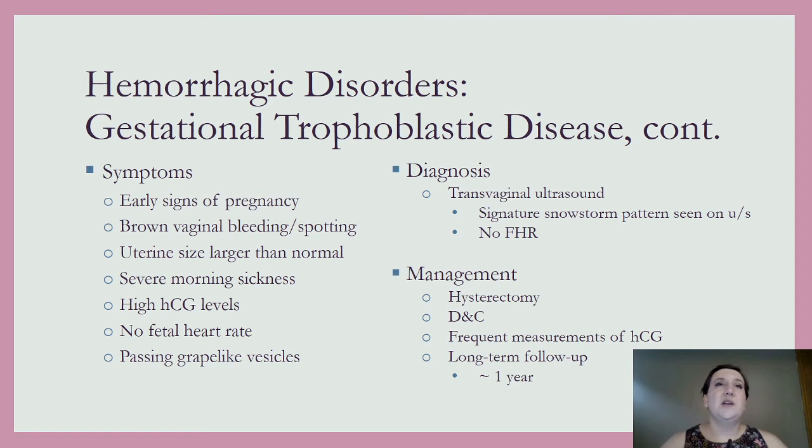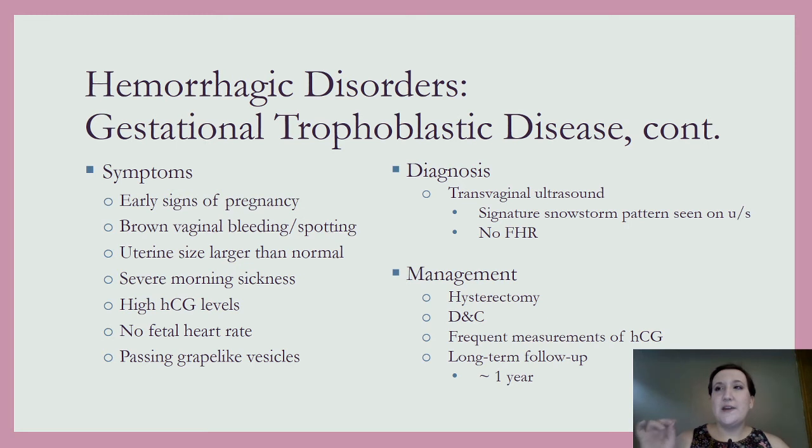When we're talking about long-term management of gestational trophoblastic disease, the provider is going to want to monitor serial HCG levels for potentially up to a year. There could be any residual trophoblastic tissue which could continue to spit out that HCG, which could convince the woman's body that she is still pregnant.